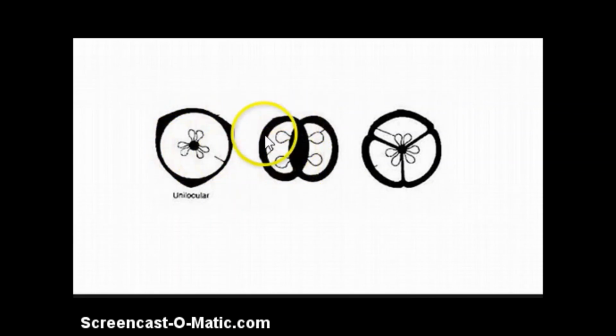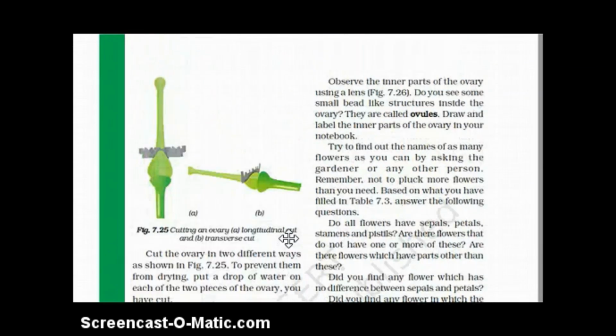Here this structure differs in plant to plant, flower to flower it varies, that is why different types. So students, we have observed the ovules also. Now you have to draw and label the different parts of ovary in your notebook.